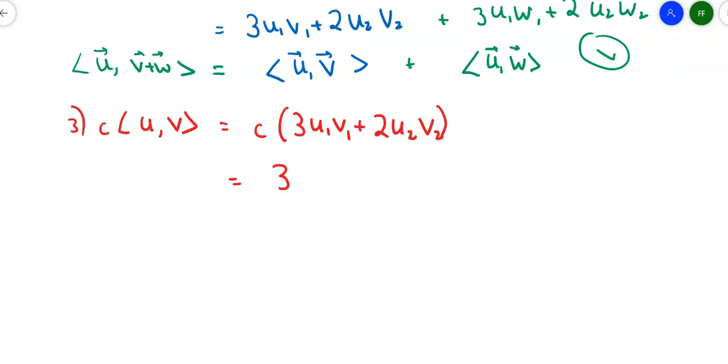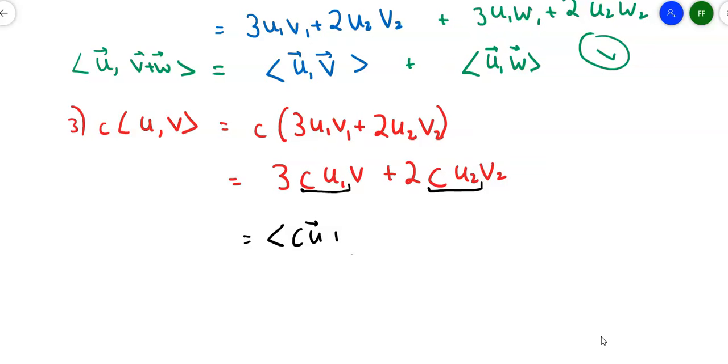I get 3 times the scalar times u1 v1 plus 2 times the scalar times u2 v2. Well, isn't that the same thing as multiplying the scalar times u and combining that with v? So here I'm basically treating that as one term and that as one term. And so I get c times the u vector, right? And then the second is the v. So yes, I've shown that. Basically, I've taken the constant and the scalar and brought them together.